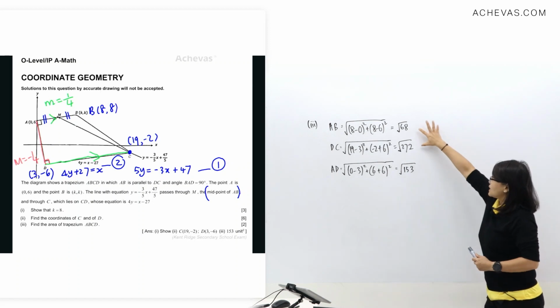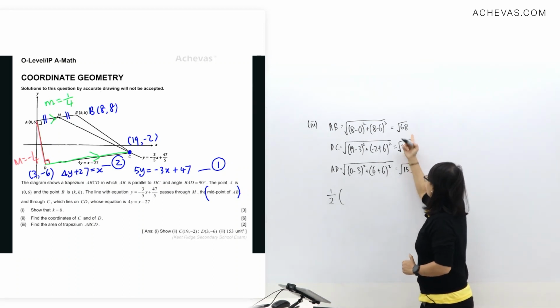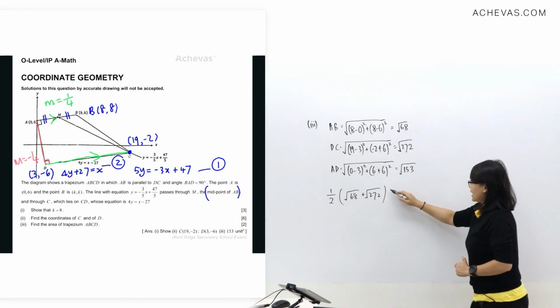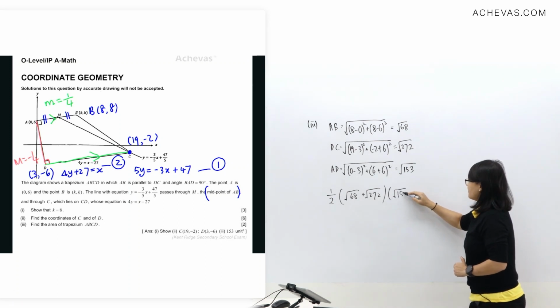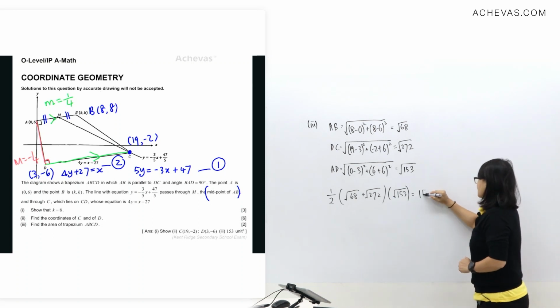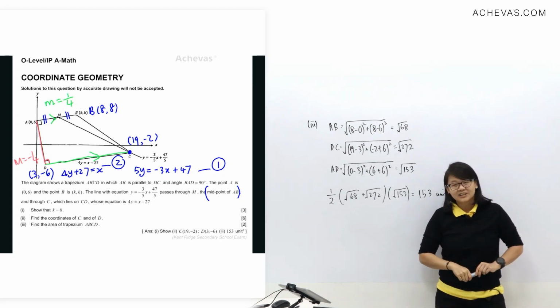Okay, so these two are the parallel sides. So formula for trapezium: half, add the parallel sides together and multiply by height, which is square root 153. Let's click this in our calculator. I should be getting 153 units squared, the same as just now. That's all for this question here.